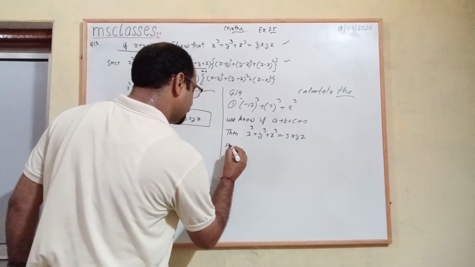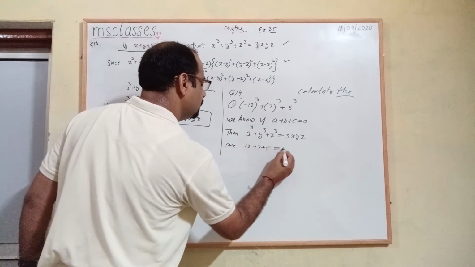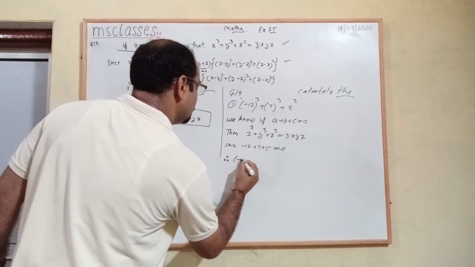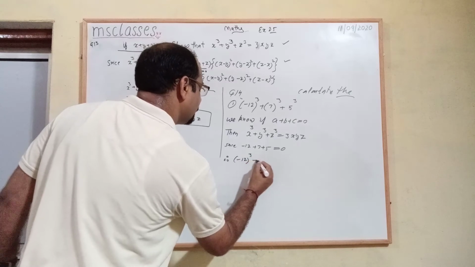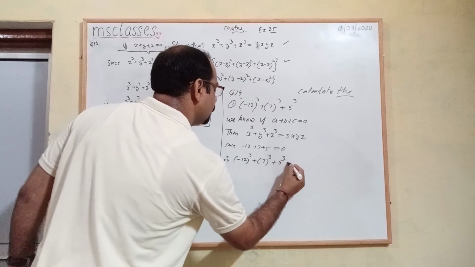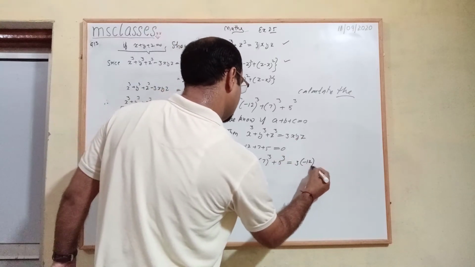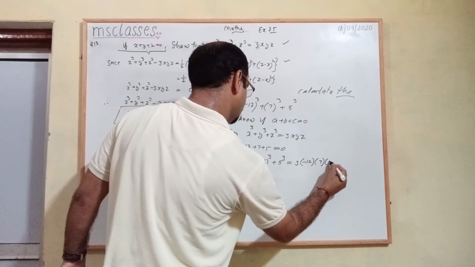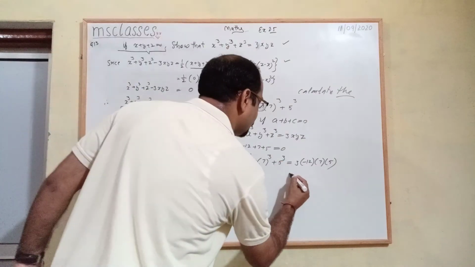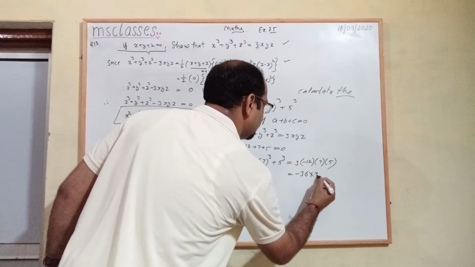Since minus 12 plus 7 plus 5 is equal to 0, therefore minus 12 cube plus 7 cube plus 5 cube will become 3 into minus 12 into 7 into 5. So guys, this is equal to minus 36 into 35.